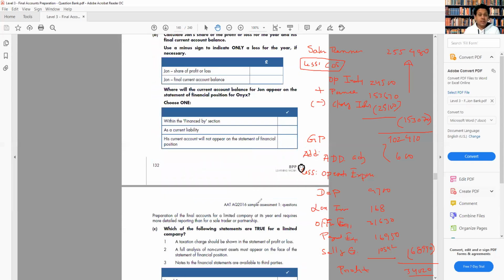He will get half of the profit, 34,020. If I take half, that will be 17,010, and the current account balance will be added, plus 780. That will give us the current account total balance. So the new balance will be 17,790.